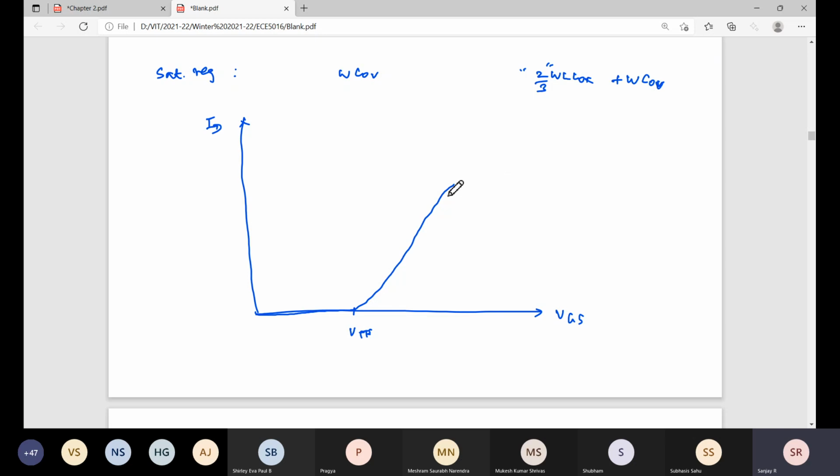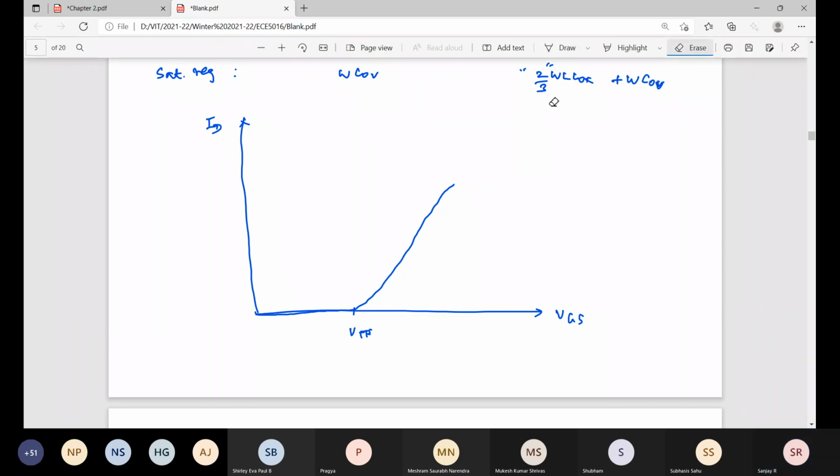Am I correct? This curve? Fine. Now, what is the equation? ID equals half mu n Cox W by L. So here every region will come. VGS less than VT, triode will be there, saturation will be there. When VGS becomes higher, what is the operating region?